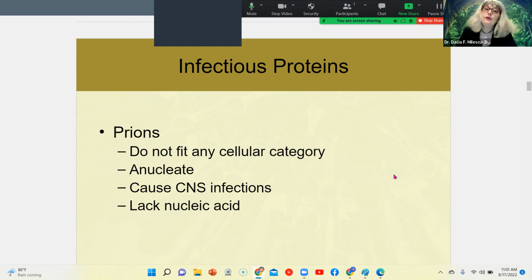They don't even have a nucleic acid substructure that can turn into an RNA or a DNA, such as in viruses. And of course, bacteria have DNA. And of course, us, we have DNA, all right? We already know all about that. So I hope that you understand that this is a whole separate category that can cause infections. Not as common as bacteria and viruses, but nonetheless, they exist, and we do need to know about them in microbiology.